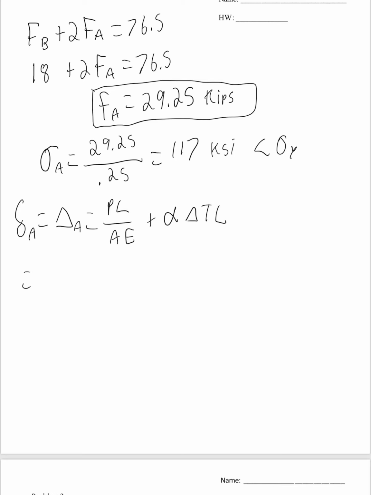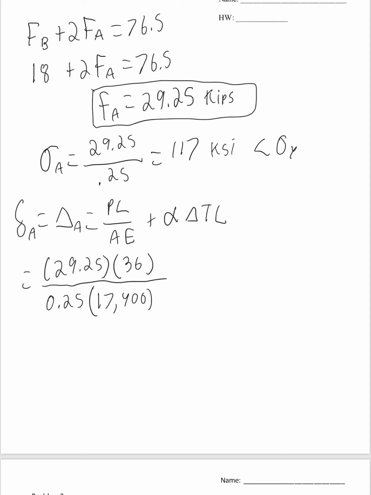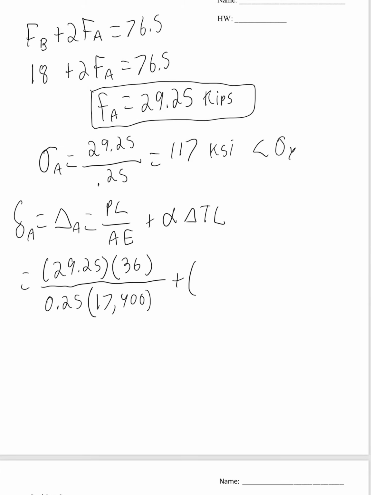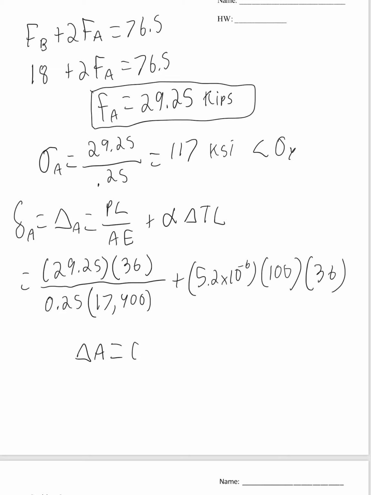That P is the force in A, which we found to be 29.25. We know the length is 36. Area is 0.25, and the modulus is 17,400. Then plus our alpha, 5.2 times 10 to the negative 6, our delta T is 100, and the length is 36 inches. So we get the change in length of A to be 0.2608 inches.